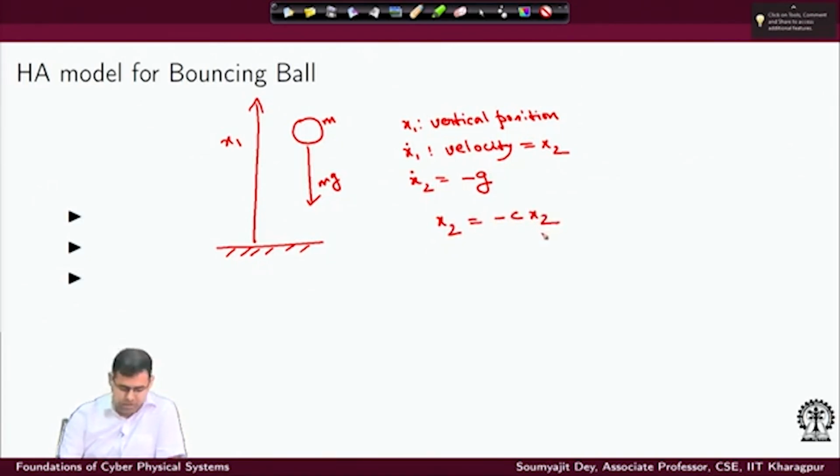So, if it is hitting the ground with velocity x2, you will bounce back with minus c x2. So, if it is like this, it is minus c x2.